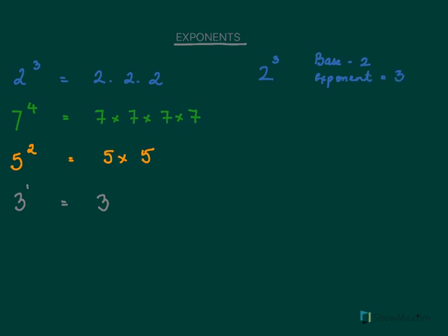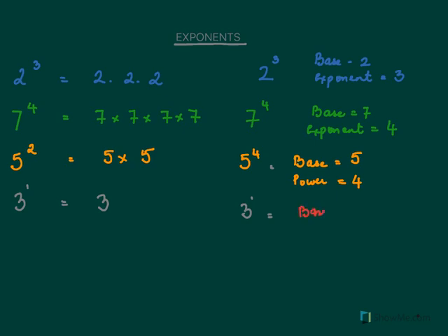In the next one, 7 raised to 4, the base is 7, the exponent or the power is 4. So here the base, I say, is 5, the power is 2. In 3 raised to 1, the base is 3 and the power is 1.